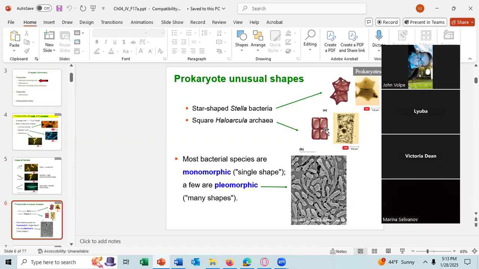All right, there are unusual shapes of prokaryotes. The stella are actually star-shaped. That's an actual electron microscopic image of the stella. And then there can be some other shapes like the Haloarcula, which is an archaea or archaea bacteria. It's actually rectangular. They say square type, but it's actually rectangular.